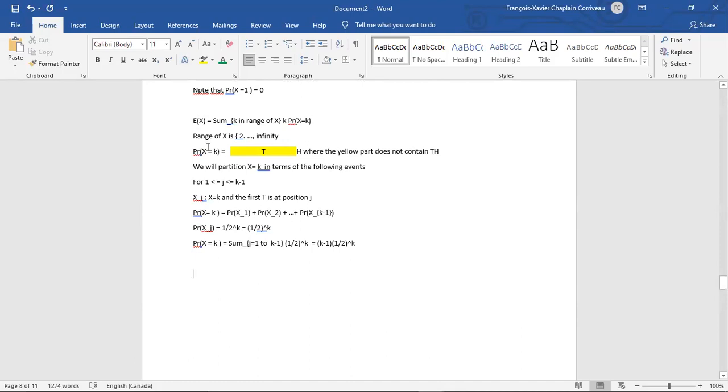So the expected value of this thing is equal to the sum, from k is equal to 2 to infinity, of what? So now remember there is a k here. So it's k times this thing here.